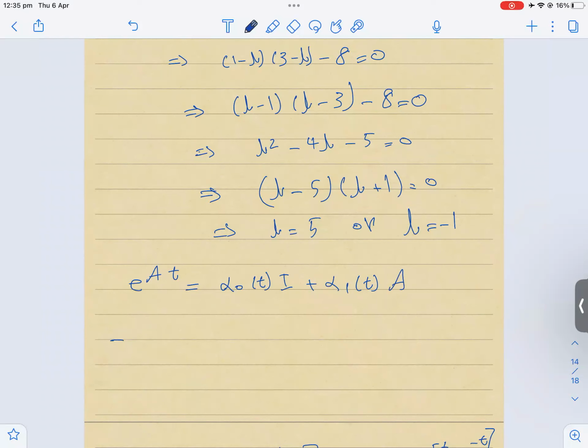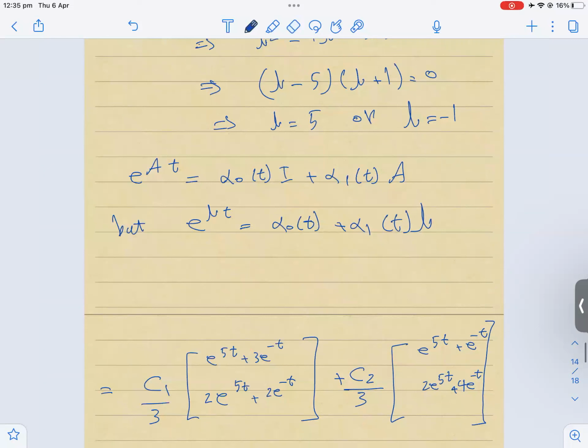So this is equal to e to the lambda, e to the alpha 0 t plus alpha 1 t lambda. Since it's not repeated, I don't need to take a derivative.